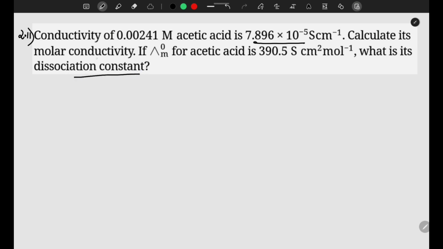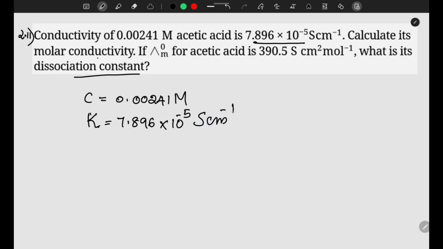Here we have to calculate molar conductivity and the dissociation constant. Here concentration is given, that is 0.00241 molar, and conductivity is given as 7.896 into 10 raised to minus 5 Siemens centimeter inverse.